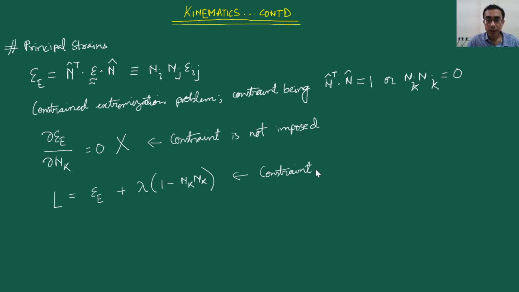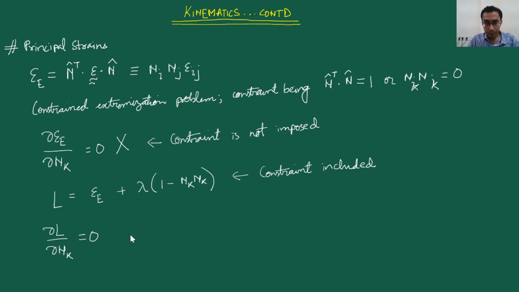So now the constraint is included here, and this L is like my objective function, and this is what I'm going to try to extremize. Del L del nk, that is what should be equal to 0. This is the proper extremization statement.